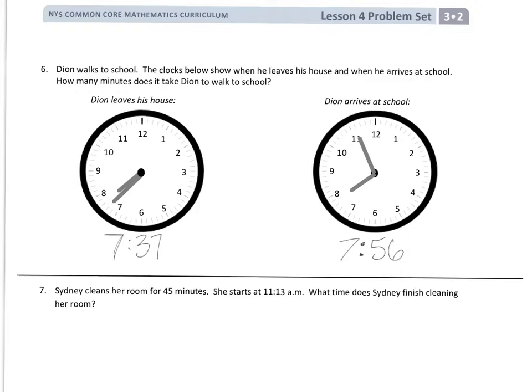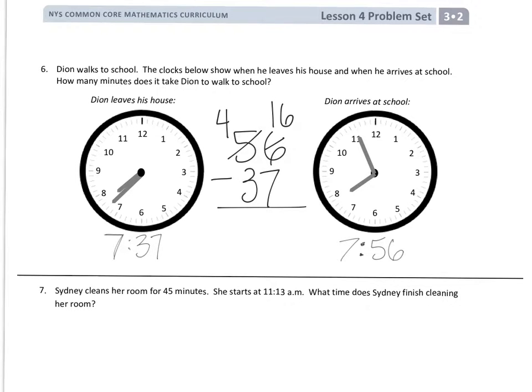Since our hour is the same, we can just subtract our minutes. So we can do 56 minus 37, because in subtraction, I always want to start with my bigger number. 6 minus 7, well, I can't do 6 minus 7 because 6 is smaller than 7. So I need to borrow from the 5 and turn it into a 4.